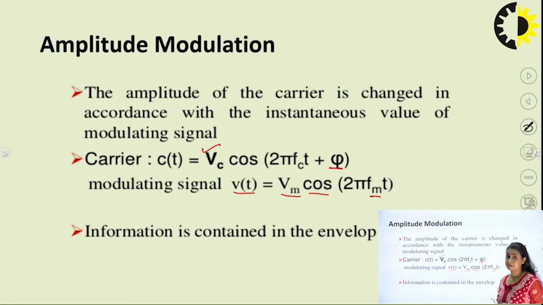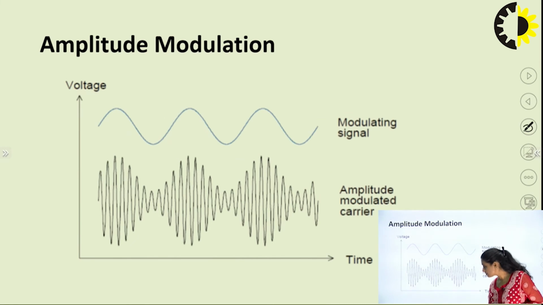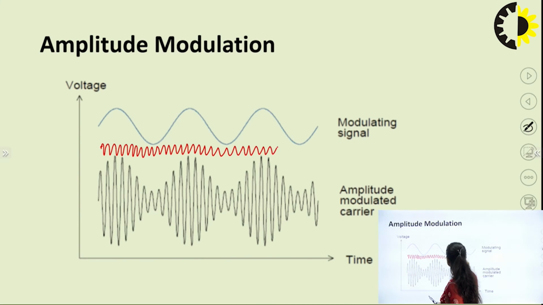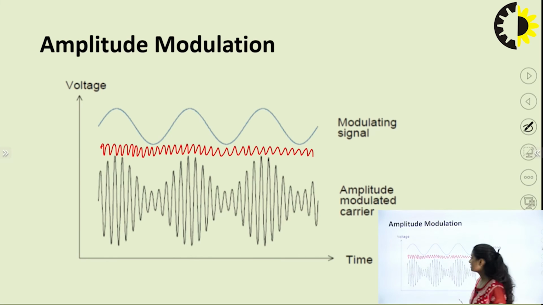Let's see how the carrier wave and modulated wave look. If this is my message signal and suppose this was my carrier wave, a high frequency, constant amplitude, what has happened here?